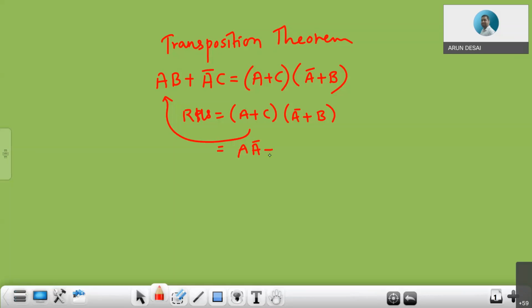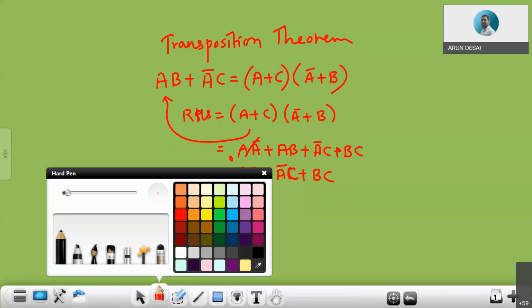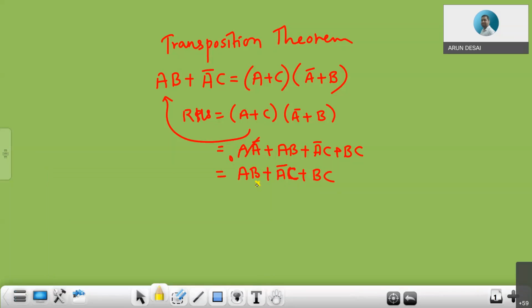A A complement plus AC plus A complement C plus BC, right? A A complement is 0. So AB plus A complement C plus BC, right? Here it comes as the consensus theorem, right?